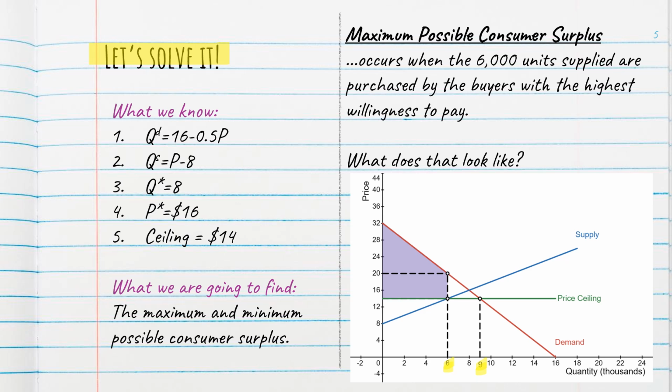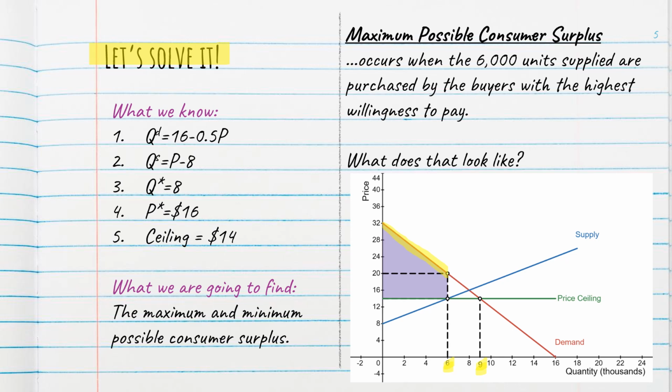And we've identified that the maximum possible consumer surplus is when these 6 units go to those with the highest demand curve, so the 6,000 buyers with the tallest demand, as opposed to buyers who are down here on a much lower part of the demand.